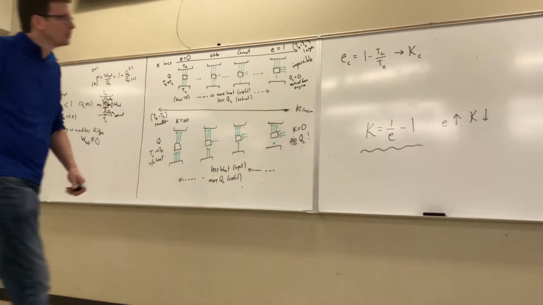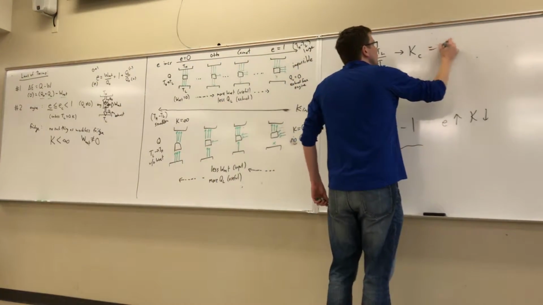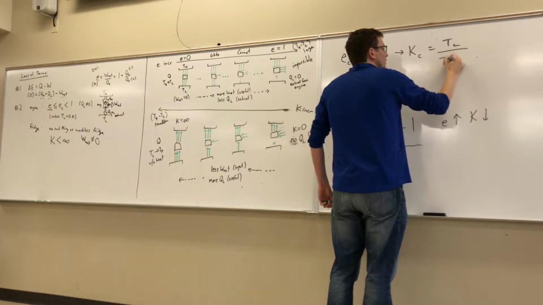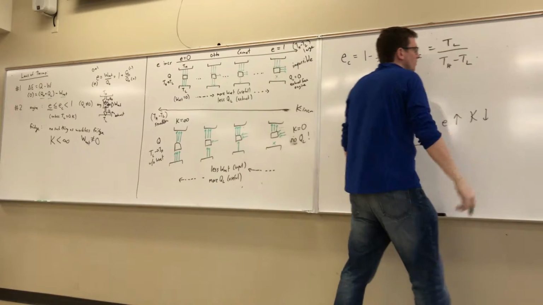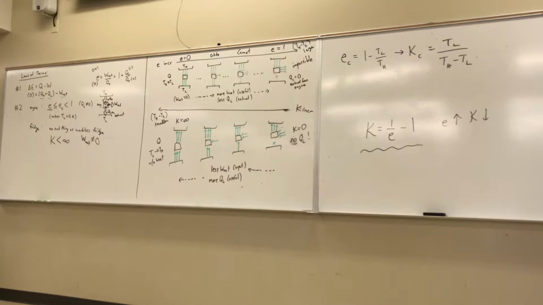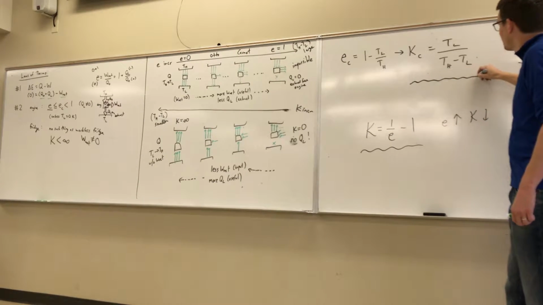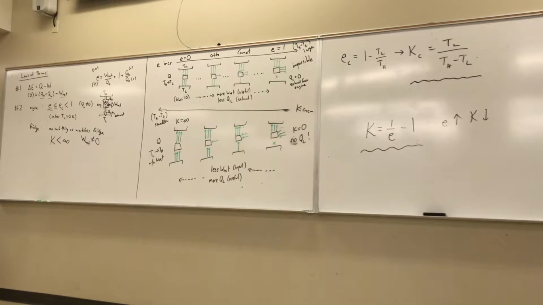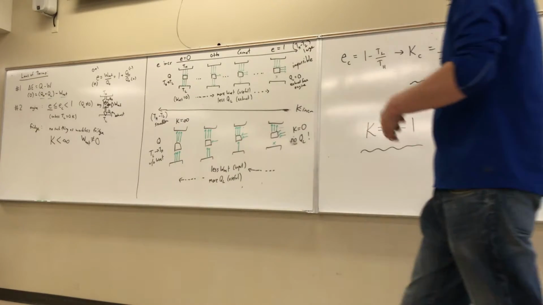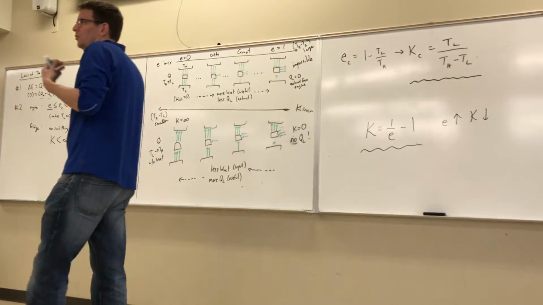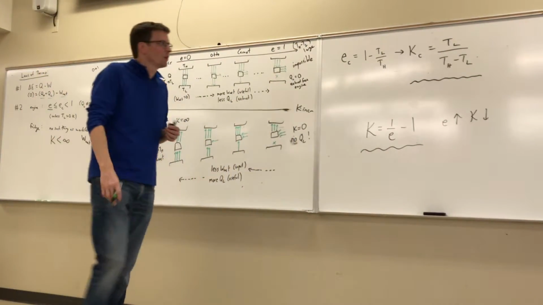So that's TL over TH minus TL. I won't bore you with the algebra. Okay? So again, I'm going to use the Carnot cycle to motivate this, even though it's true for all refrigerators.